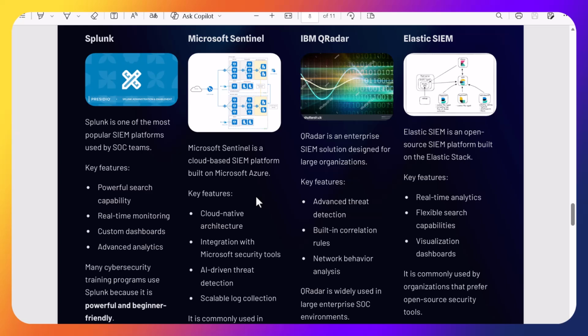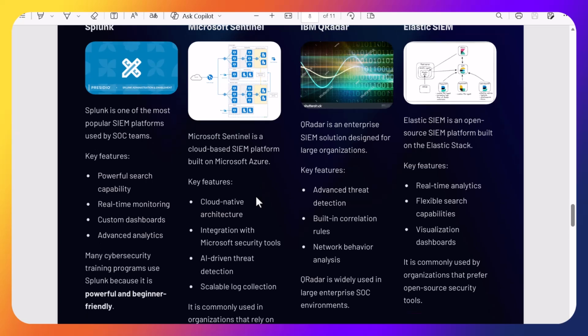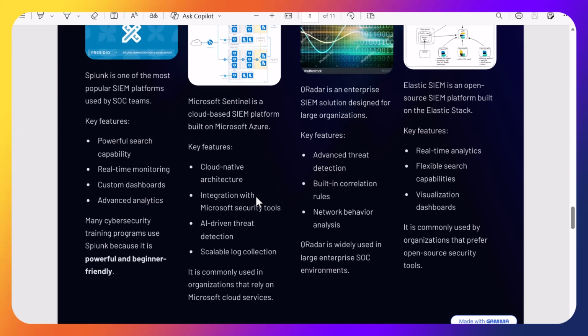Key features include cloud native architecture, integration with Microsoft security tools, AI driven threat detection, and scalable log collection. Scalable means the system can handle increasing amounts of data as the organization grows.